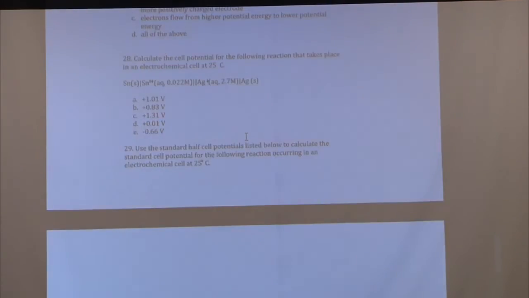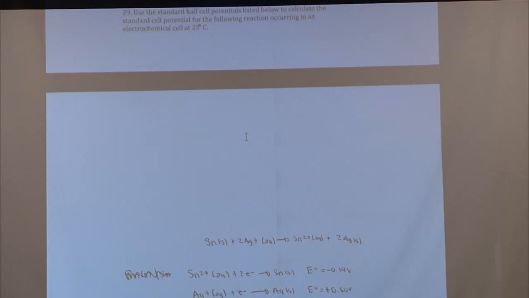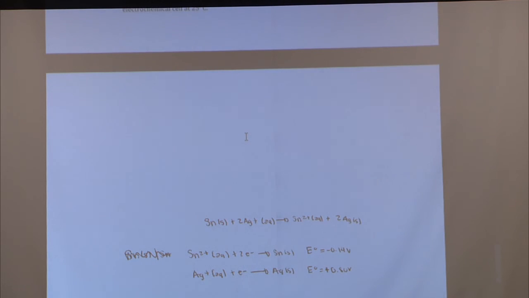So we're on our last question for my review. It says, use the standard half cell potentials listed below to calculate the standard cell potential for the following reaction occurring in an electrochemical cell at 25 degrees Celsius. So they give you the reaction, and we don't have to write one out. But this is also from the question we just did.